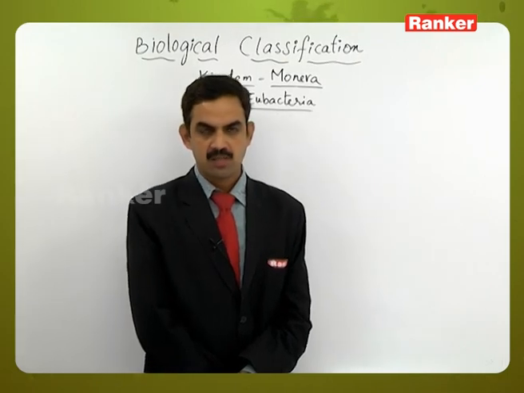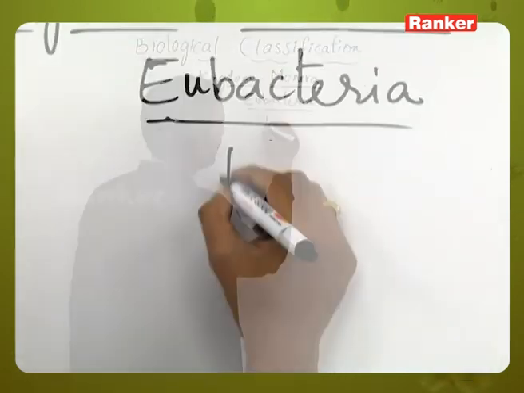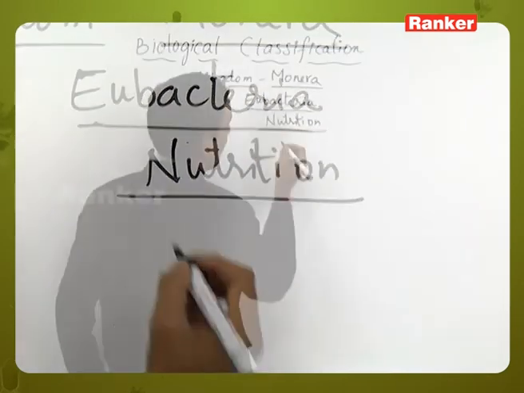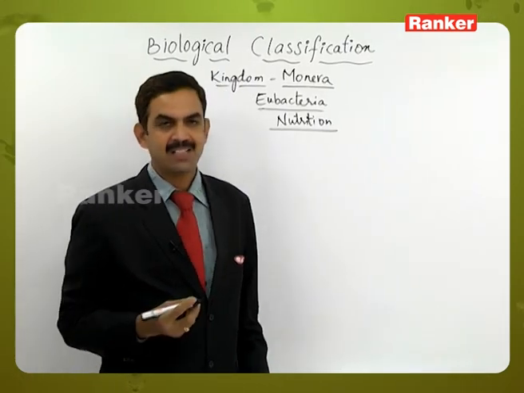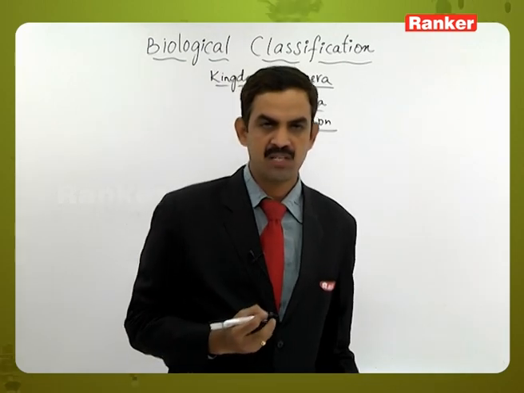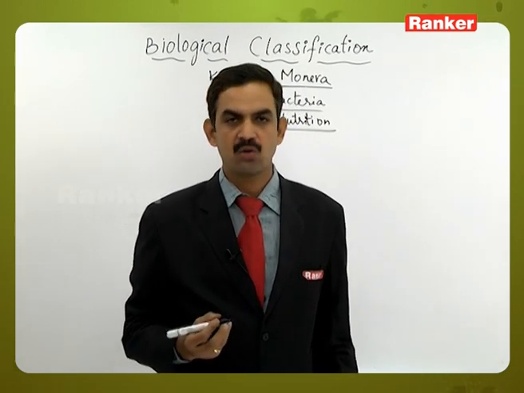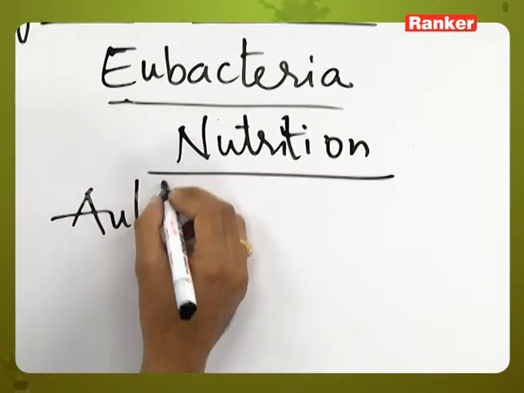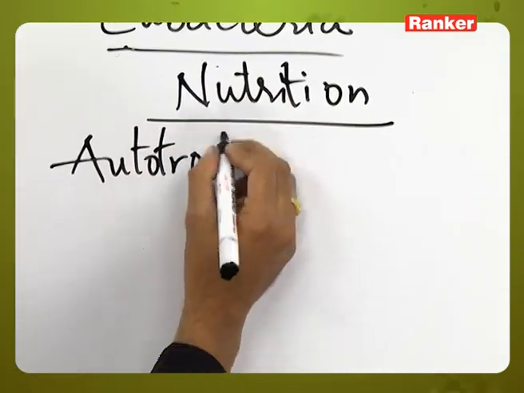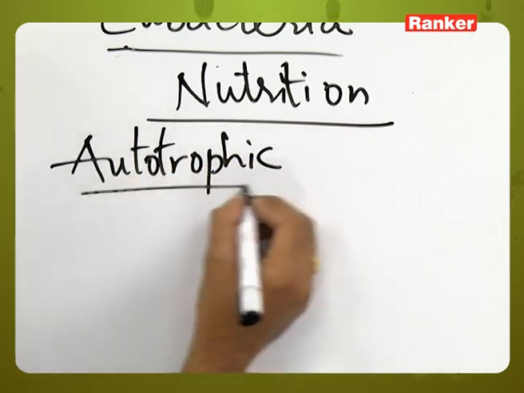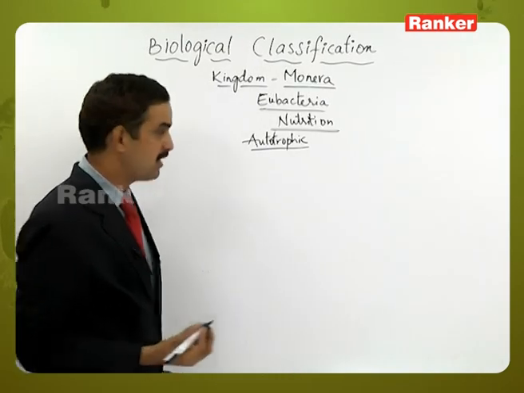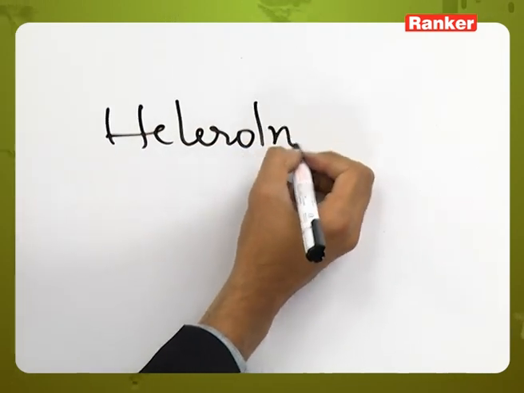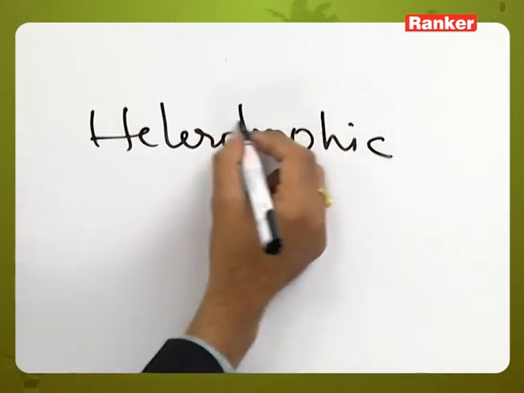The next characteristic feature is the type of nutrition exhibited by the bacteria. As we said, bacteria basically exhibit two types of nutrition. One is autotrophic and the other is heterotrophic nutrition. Autotrophic means they can prepare their own food materials, whereas the second one is heterotrophic nutrition.